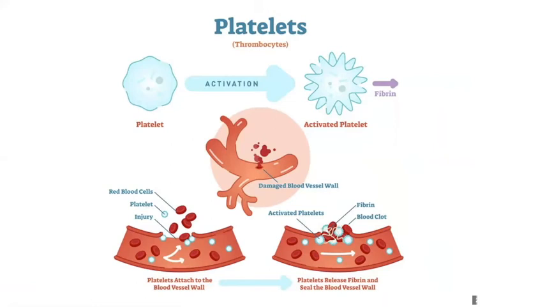Then they go to the part of the injury, and their thorns spit out a web, just like spiders. But their web is called fibrin, which makes a blood clot, and no more blood can go out. Then it acts like a makeshift blood vessel wall.